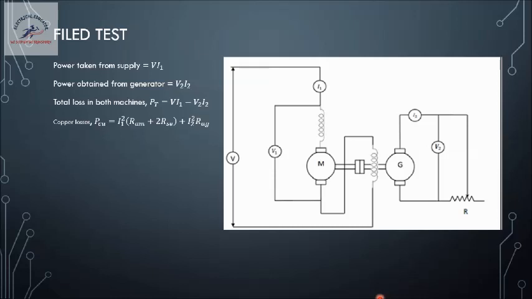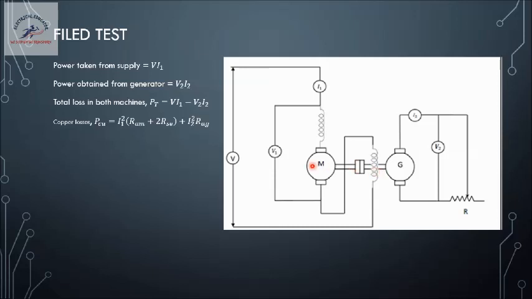So copper loss is given by I1 square times the series resistance plus armature resistance of the motor, plus the series resistance of the field, because I1 is the current flowing through these three resistances: field resistance of motor, field resistance of generator, and armature resistance of motor.